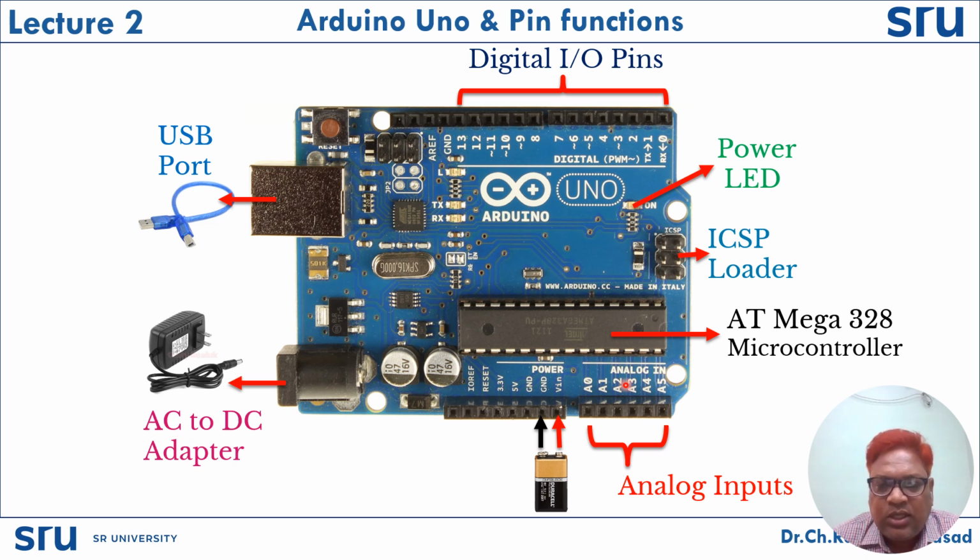So the sensor's output should be connected to analog inputs, and these analog inputs are converted to a digital number by the analog to digital converter available in this IC, and only then will the ATmega328P CPU understand this binary data. Okay, that is the operation of analog inputs, and all analog inputs are of 10-bit resolution.